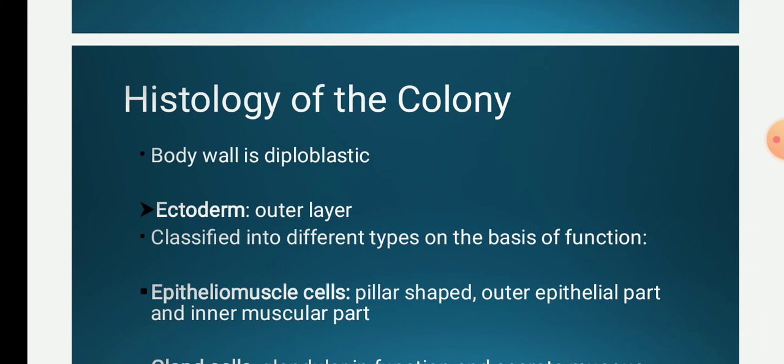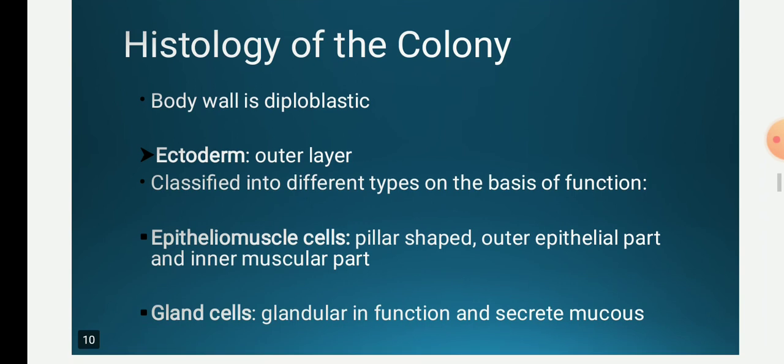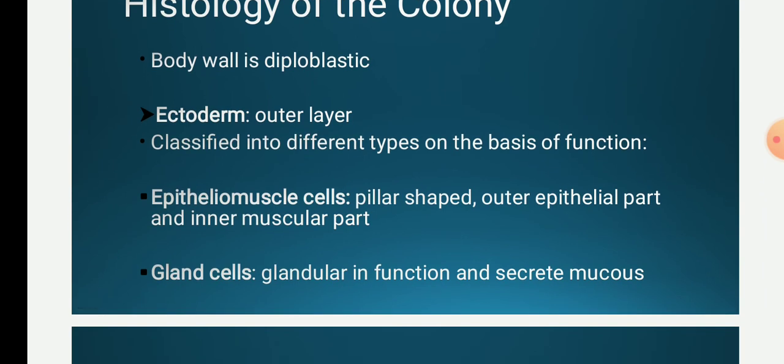First one, epitheliomuscle cell. They form a major portion of the ectoderm, and they are pillar shaped. These cells have an outer epithelial part and inner muscular part.